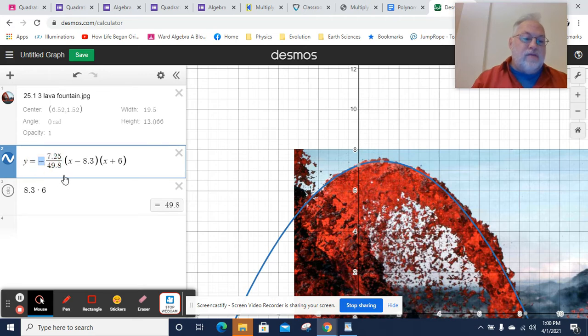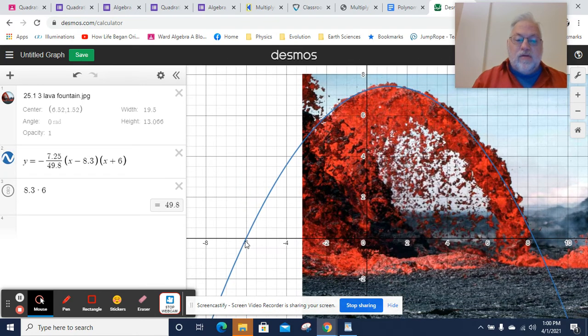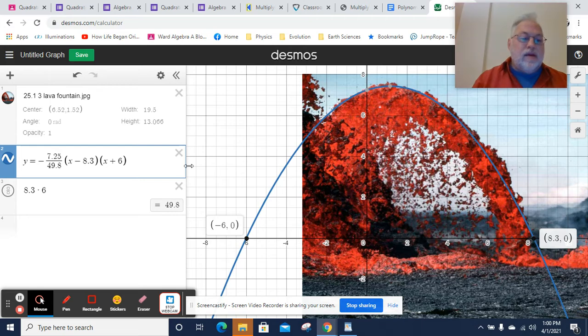That's why there's a negative. 8.3 is one of my x-intercepts. That's over here. And 6 is my other x-intercept. That's down here. Okay, so 6, negative 6, and 8.3. And I've got a y-intercept right here at 7.25. Okay, I hope that has given you some stuff that will work for you.